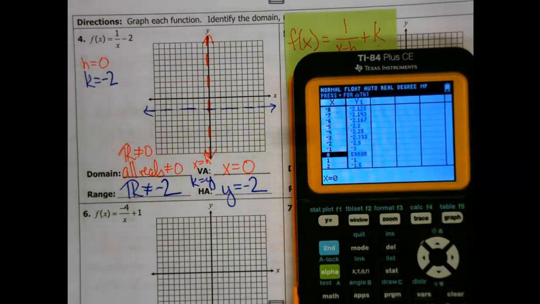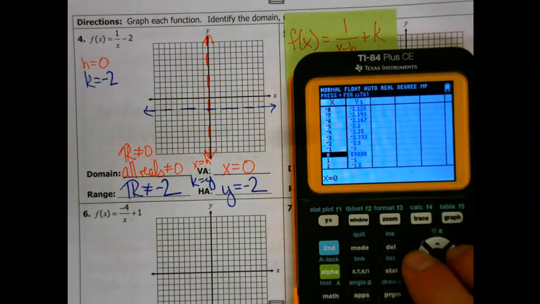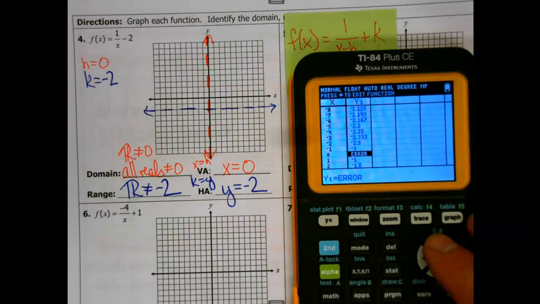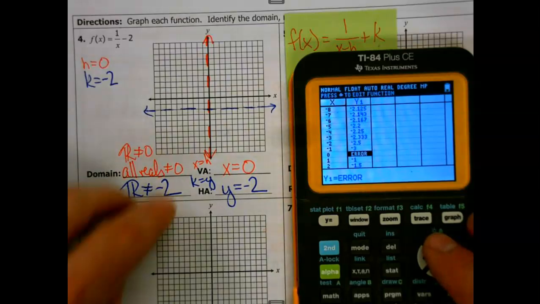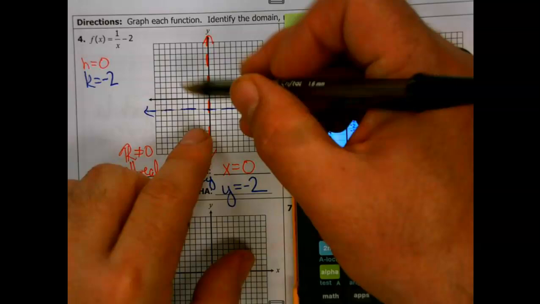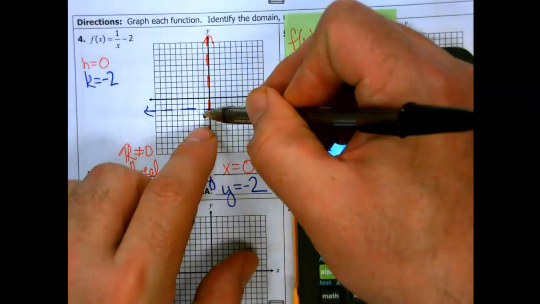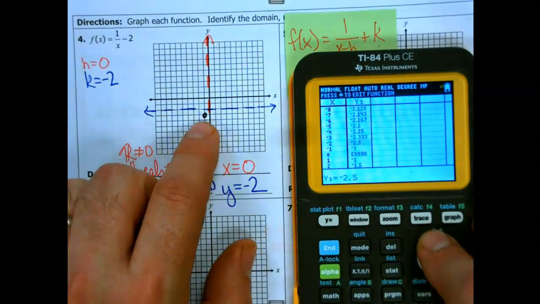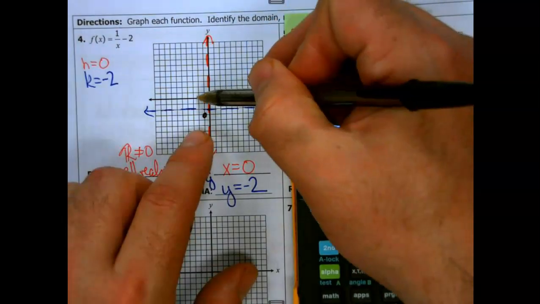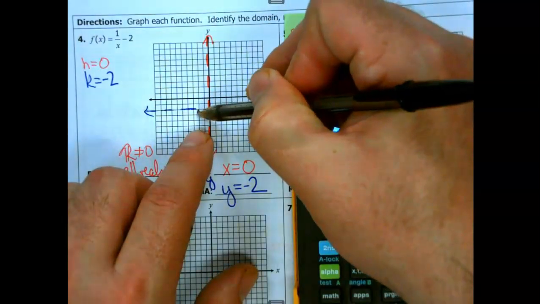And what I always tell people is this. For an accurate graph, find your error message, find your vertical asymptote, and graph 2 points on each side of it. So in other words, if I go to -1, it says go to -3, so I'll do that. And -2 would be -2.5.